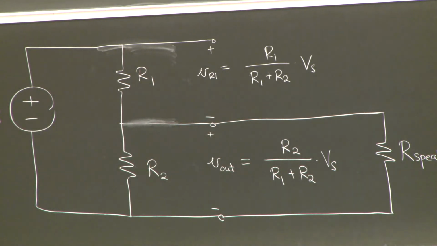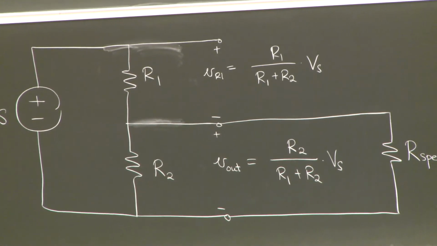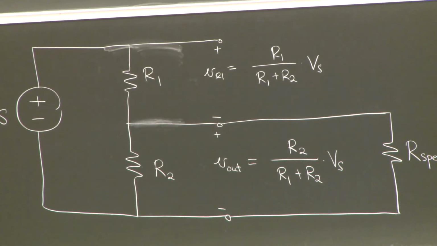So that's an equivalent resistance of my speaker, let's say. Just our little example, this was a sound. If you're listening to music and it's too loud, you want to divide the signal down, you want to reduce the voltage, but now I have to drive my speaker.